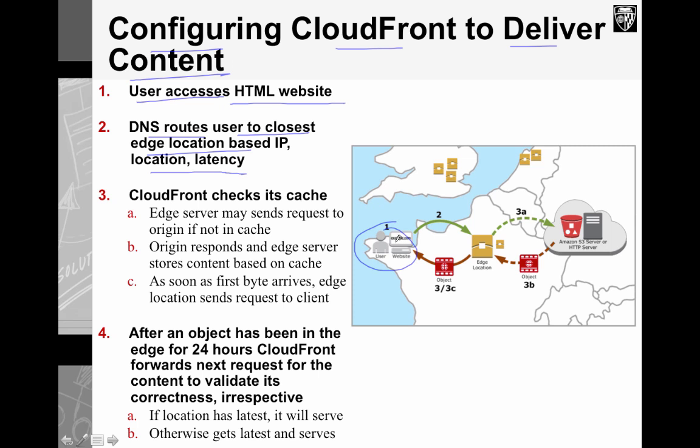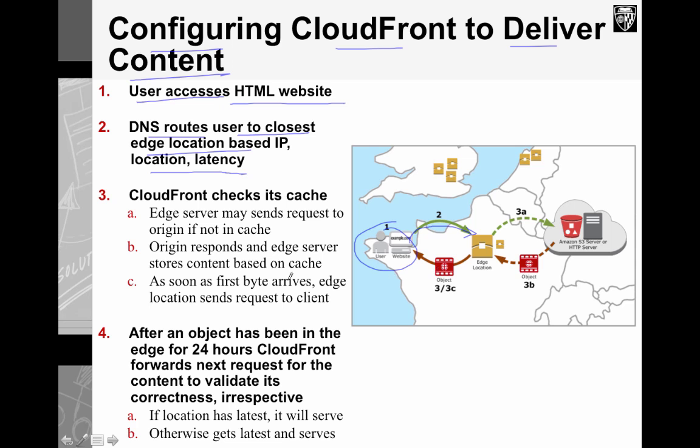So the user is really going to the DNS server, asking the DNS server, hey, which edge location should I go to? And the DNS server will hopefully return you an edge server which is going to be the closest one, which is what it does. And it does it based upon various considerations. We'll talk more about this in the advanced architectural sections. The client then connects to the appropriate edge server.